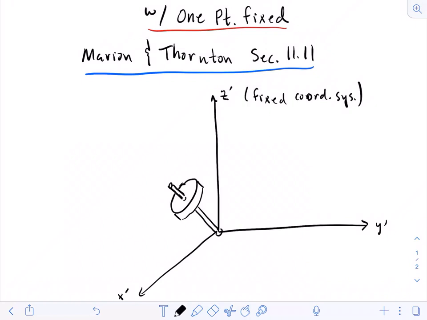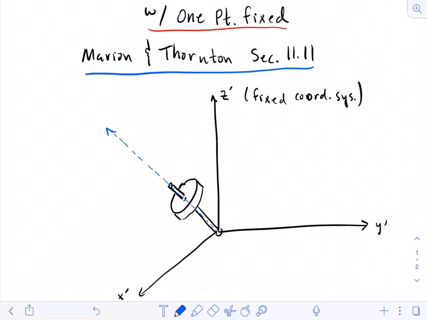Okay, and what we'll have is a rotating coordinate system that's aligned with the principal axes of our top. And so one of those principal axes will be the symmetry axis.